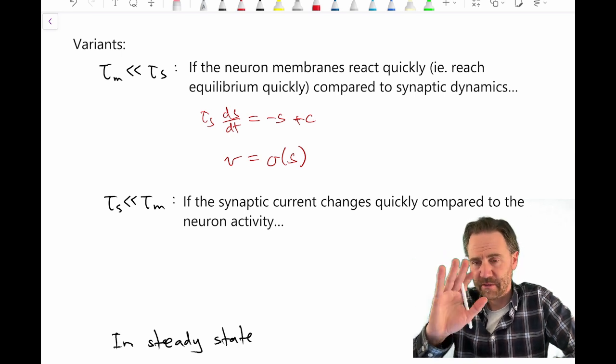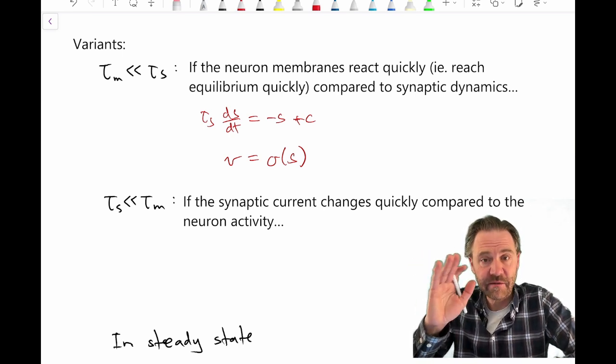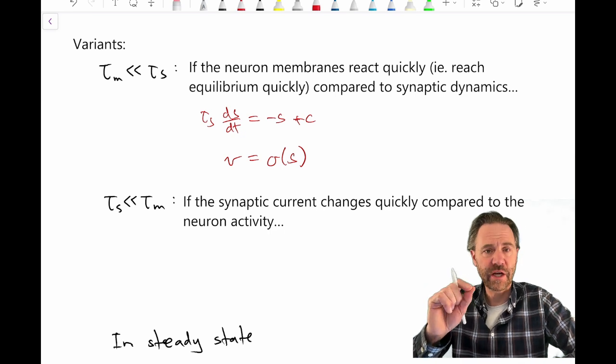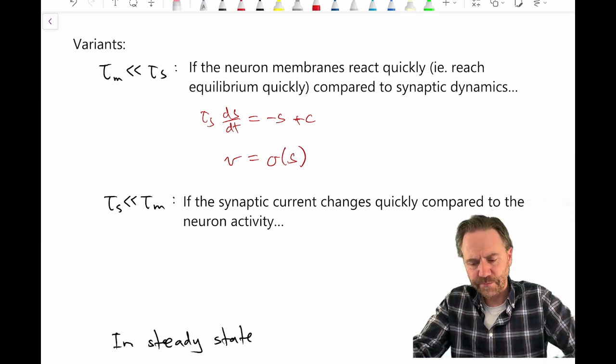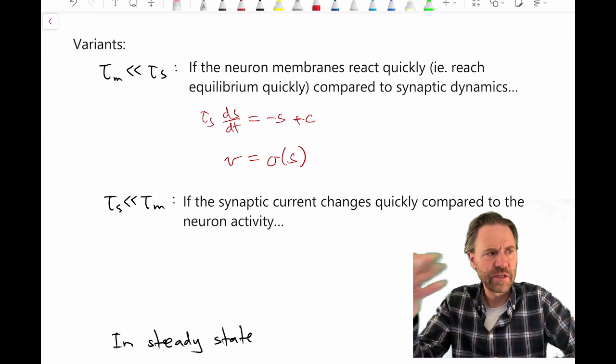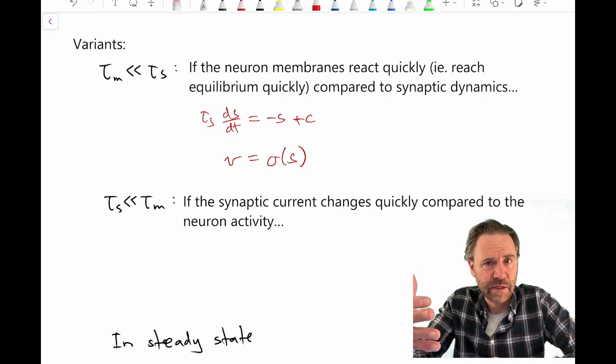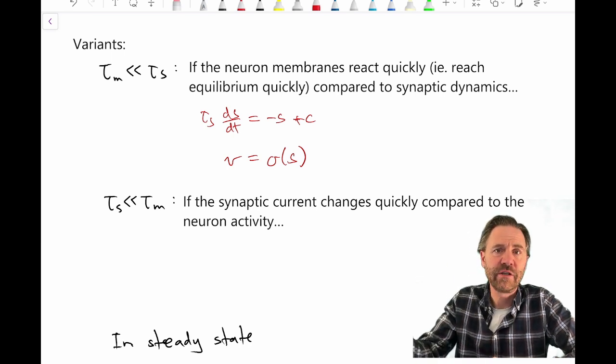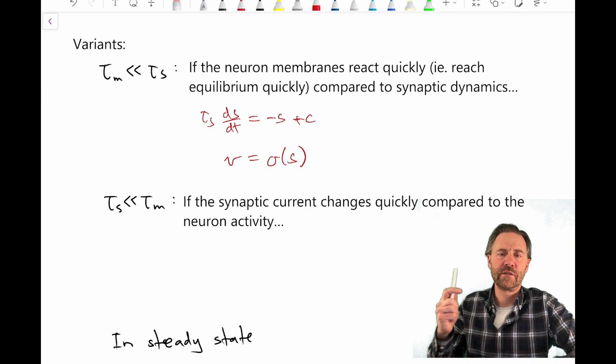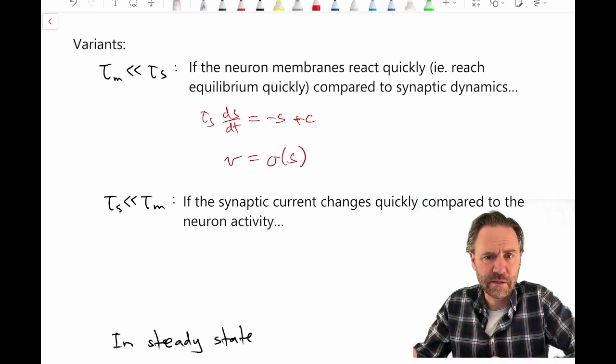S and V are both changing, but V changes very quickly and S changes very slowly. It's kind of like how we see day and night, day and night, a very fast process, and the seasons changing as the Earth goes around the sun is a slow process.